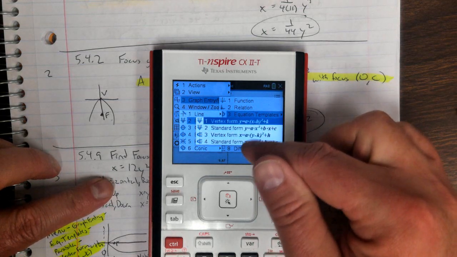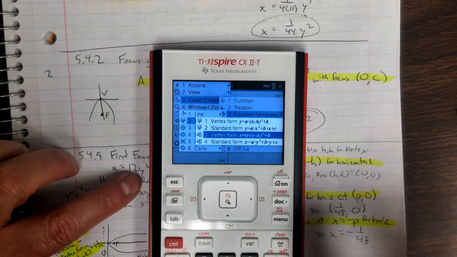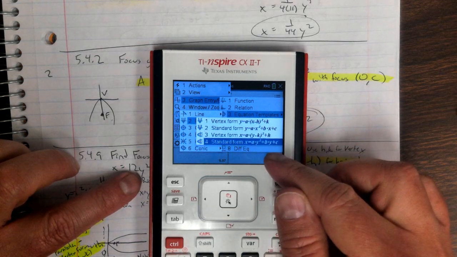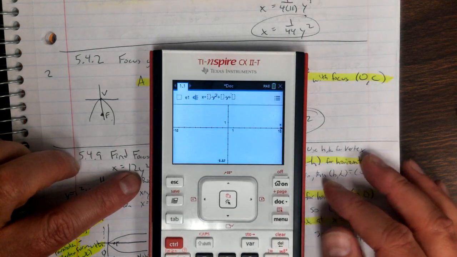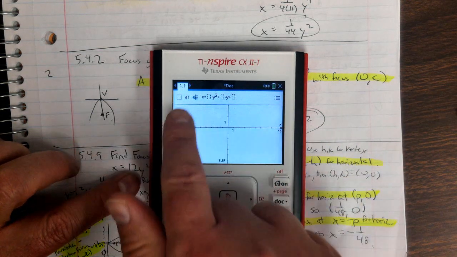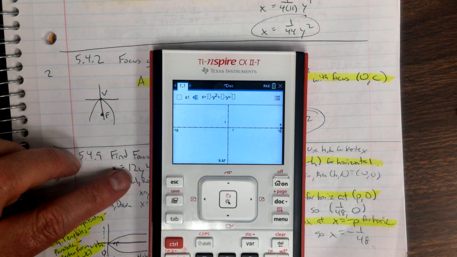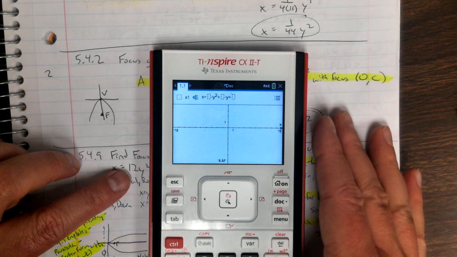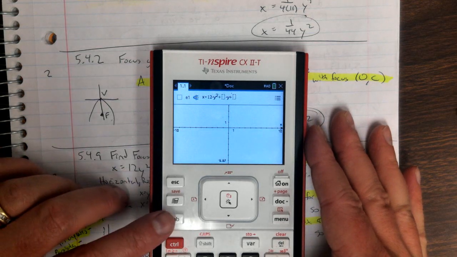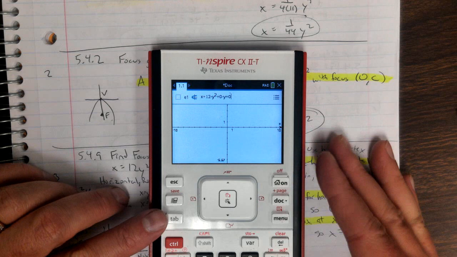So go through your choices until it's x equal, and then it just says y squared, so you go to the bottom one. So it already has the y squared and the y for you. It changed it to E1 for equation 1. It just says 12y squared, so you say 12 here, and then press tab, then put 0y and 0.